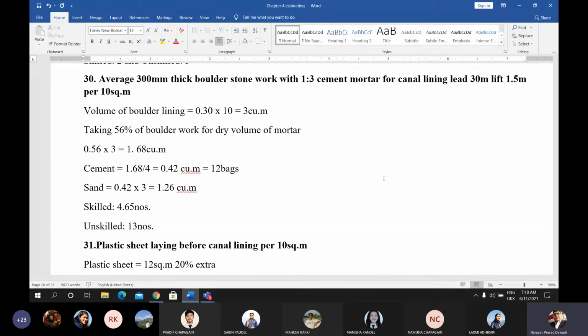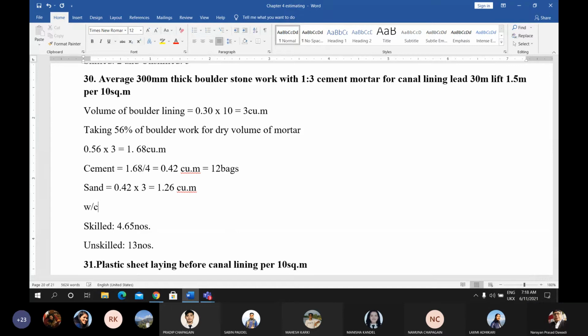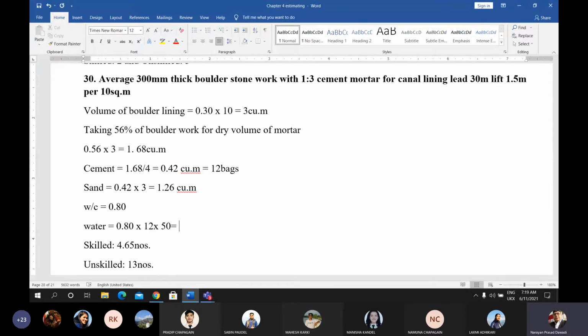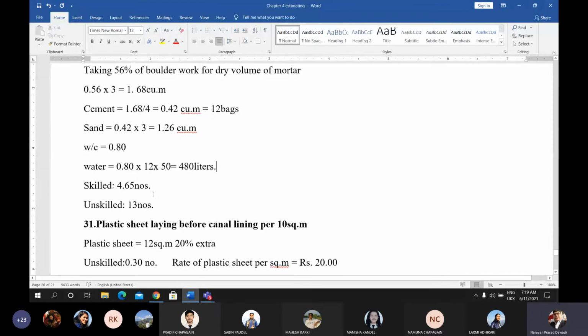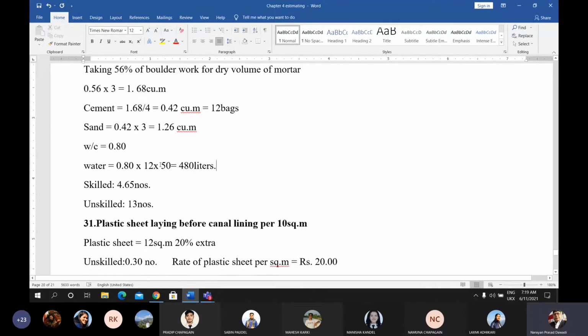Okay, you can provide a water cement ratio of 0.8 here. Water will be the water cement ratio 0.8 into 12 bags of cement.